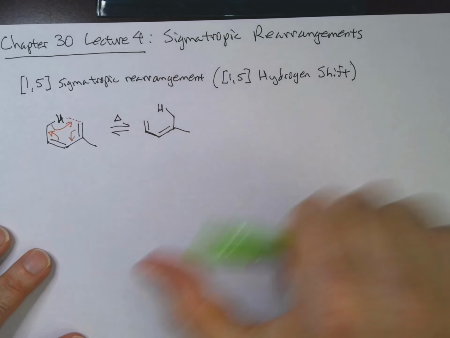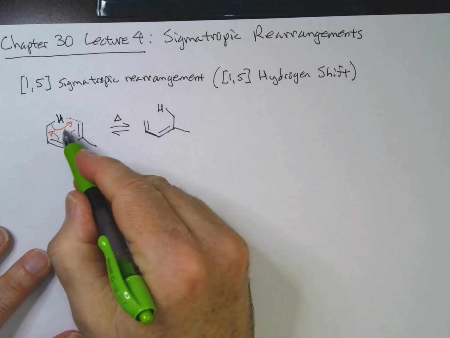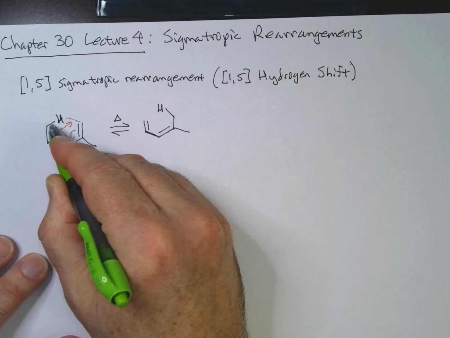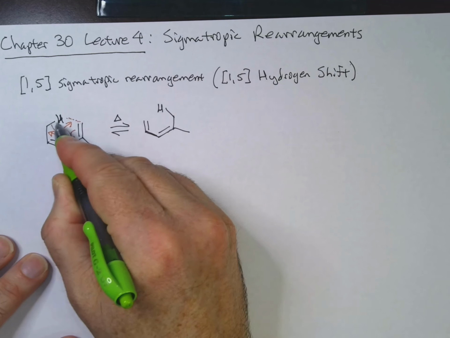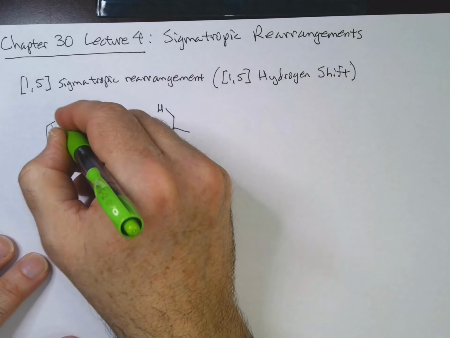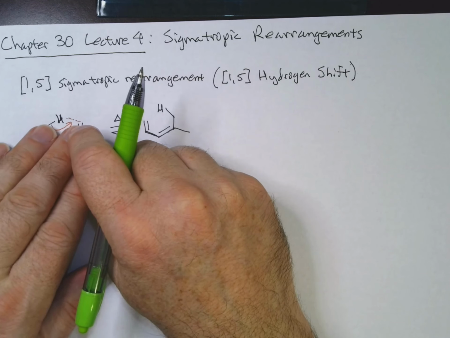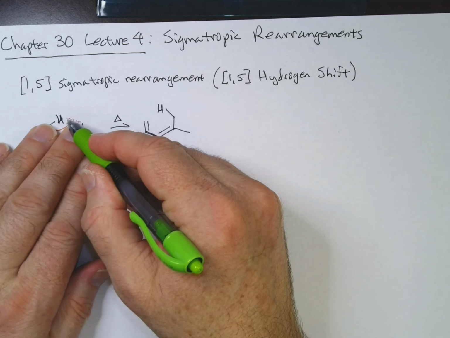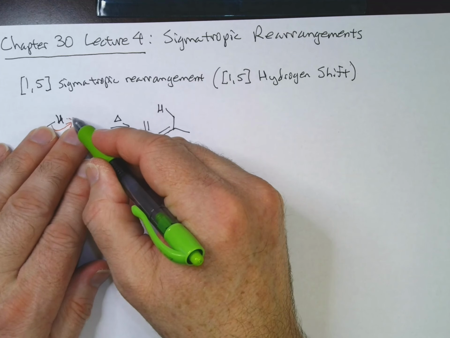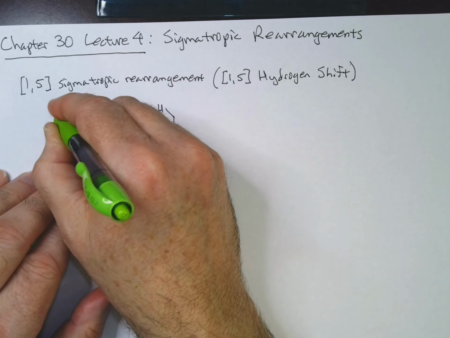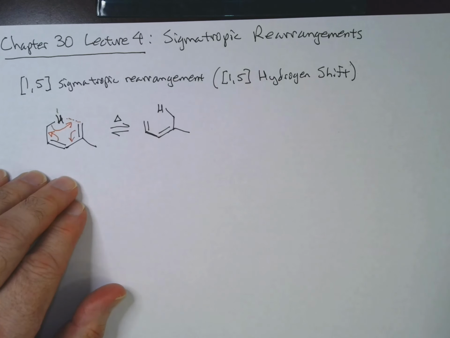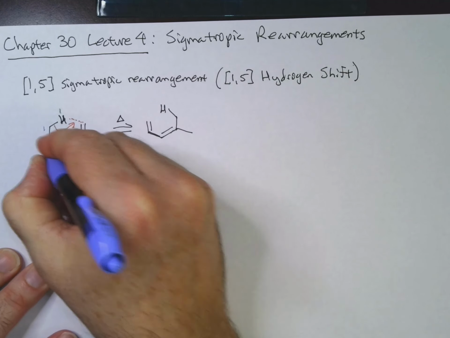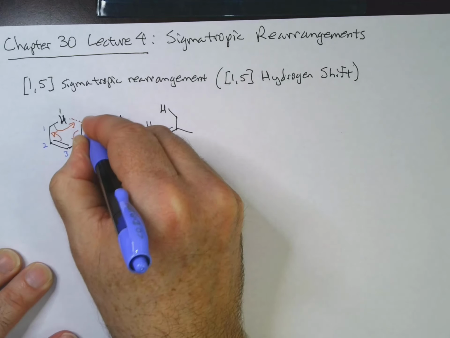Now, I call this a 1,5 hydrogen shift. Why is that? Well, let's see. Where's my new bond forming and where's my bond breaking? Okay, so there and there. If I cover up the rest of the molecule and just look at what's on one side of the bond breaking and forming, I can number my atoms. I have 1. And then if I look at the other side, I've got 1, 2, 3, 4, 5.